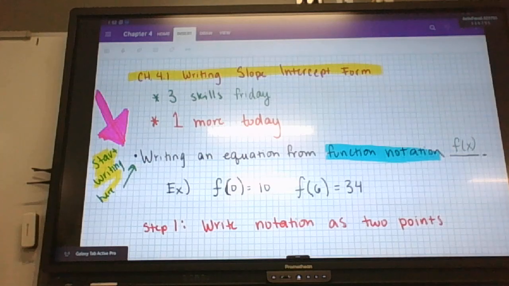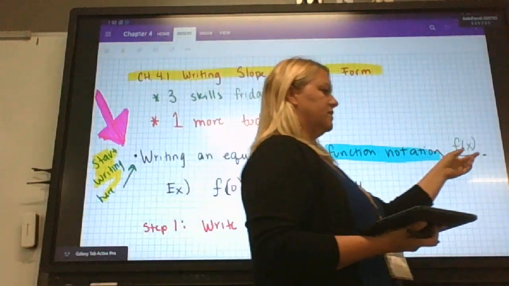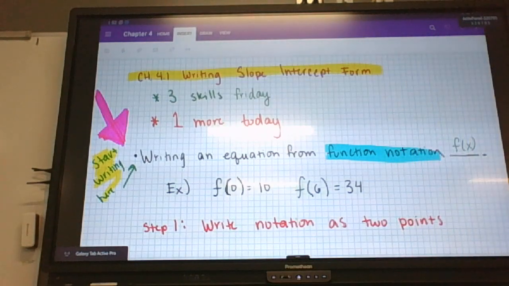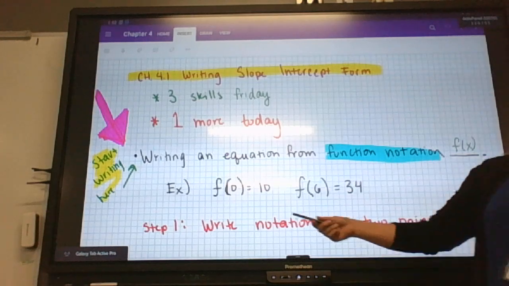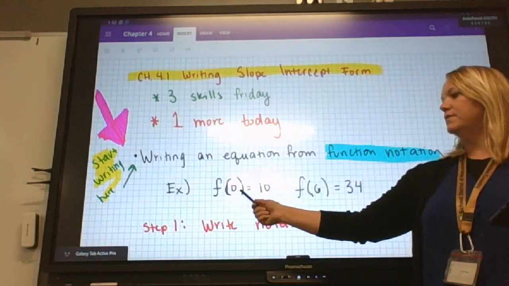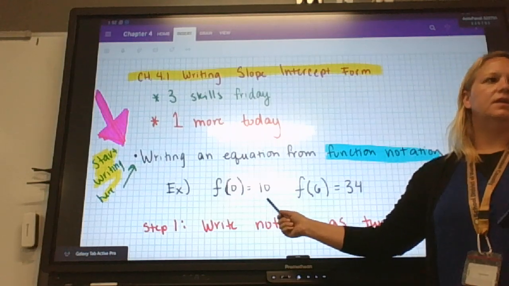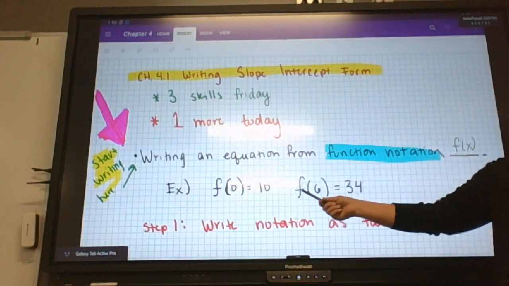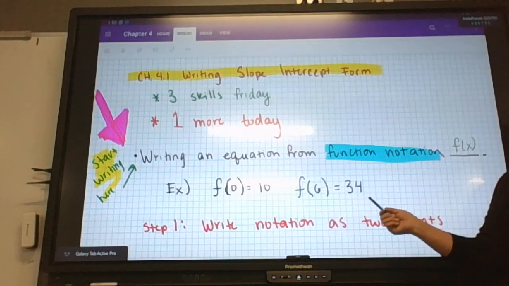All right. So, function notation means we're using f of x. The last thing we did was a really nice table. So here's an example. It just says write an equation, and they give you this: f of 0 equals 10, and this: f of 6 equals 34.